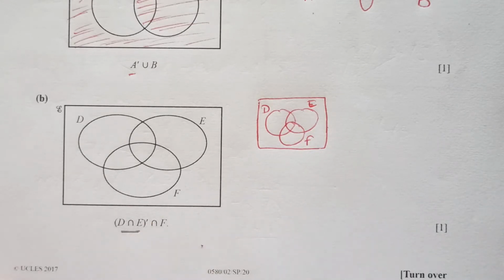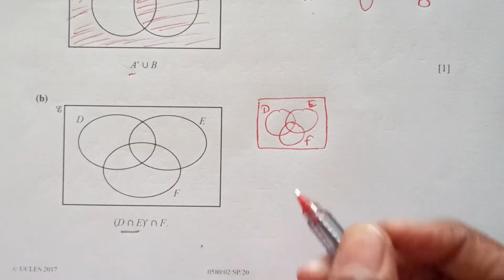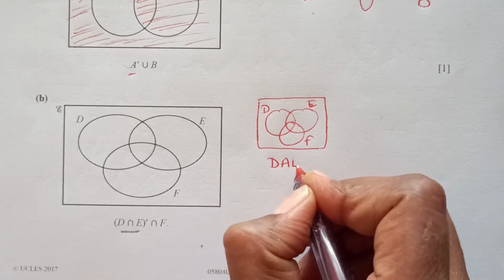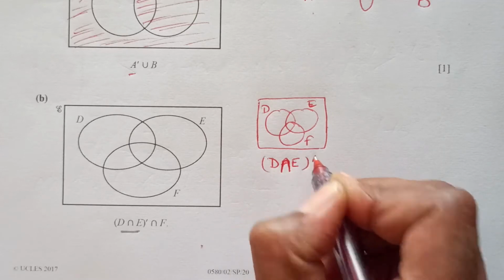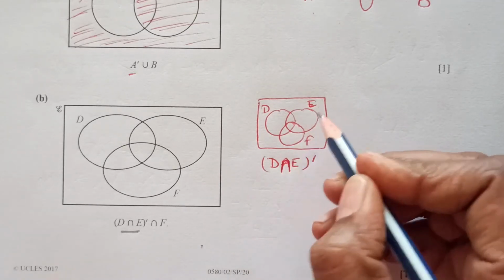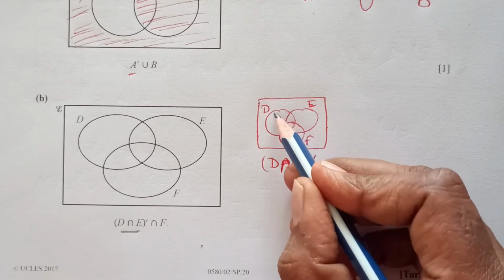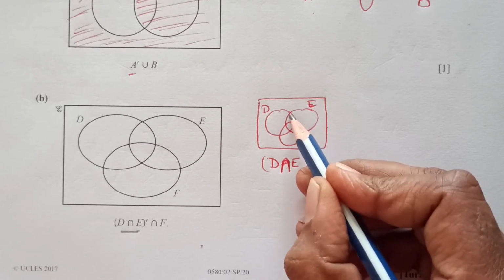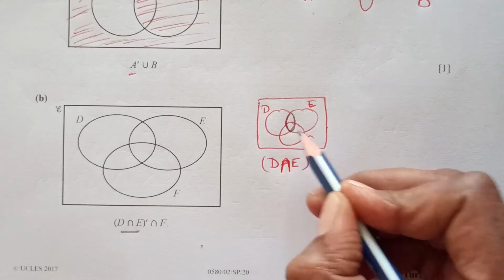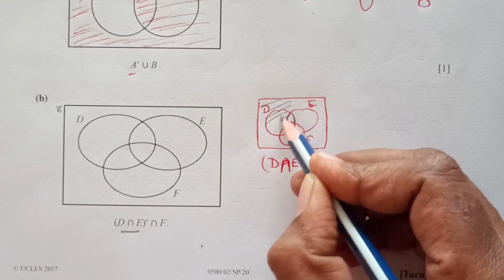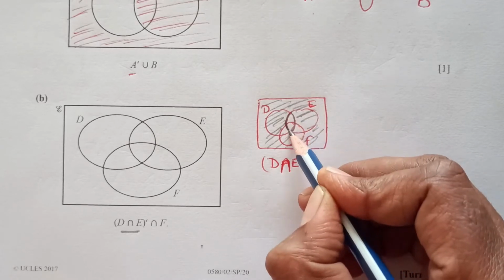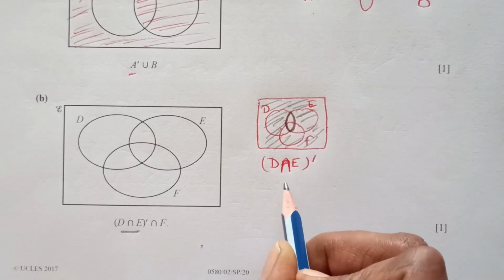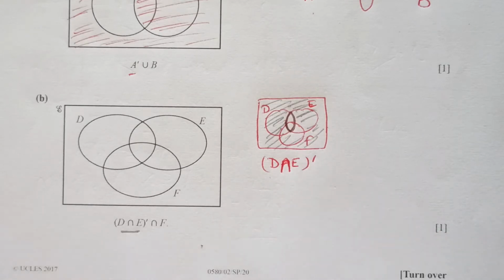So we are going to shade the complement. Now you see D intersection E is this part, the common part of D and E. So we don't need this one, we need the complement. The complement means the outer part, leaving that only. So we have left this part. Okay, so this is D intersection E complement.